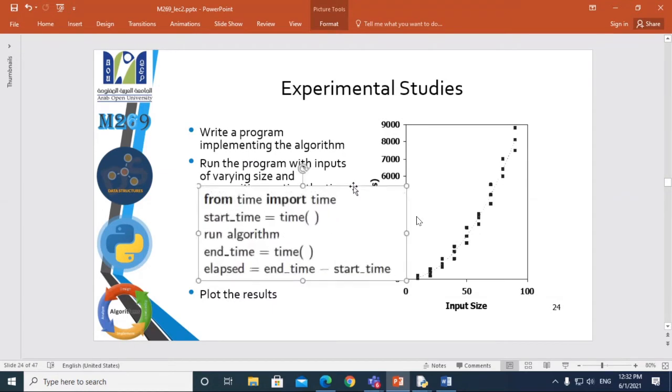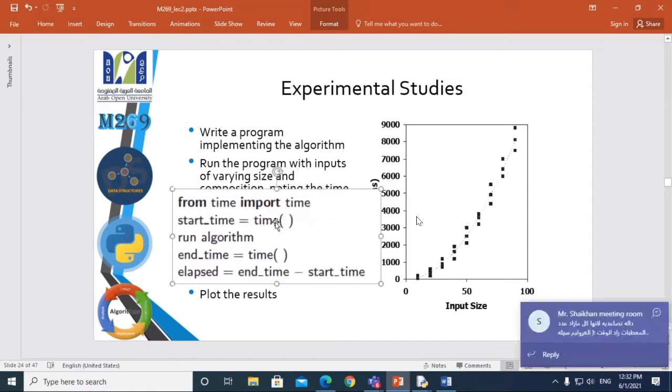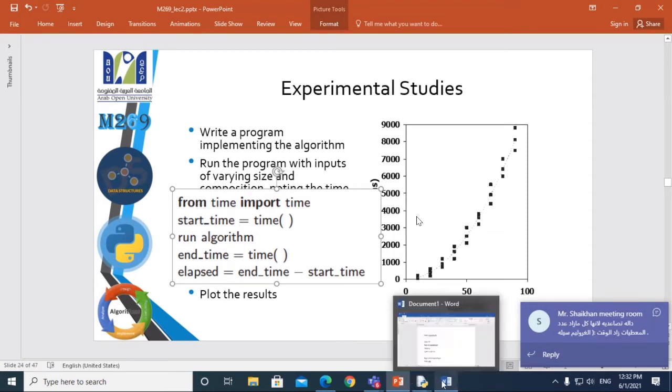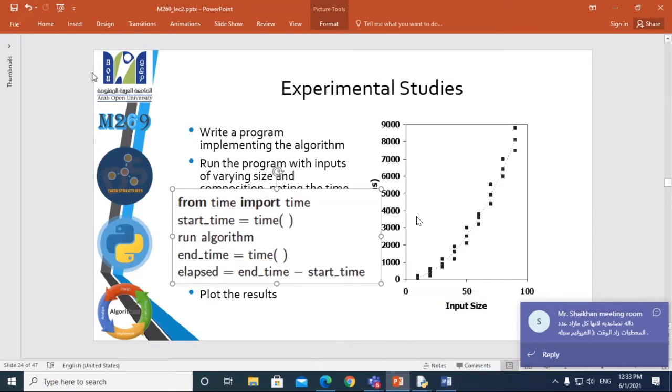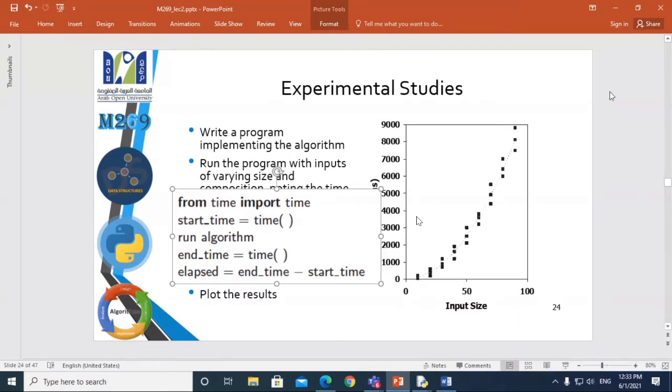This is like someone in running competitions. If there are some people running and you want to test them, they will start right here and run until they reach the end. So how long will it take? You have a stopwatch. Start here, 1 2 3 4, until they reach you and you stop that watch.